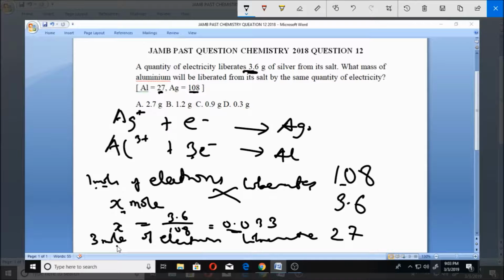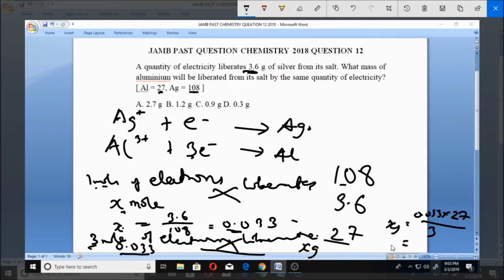The same quantity of electricity, 0.033, will liberate x gram of aluminium. Make x the subject of the formula and cross multiply: x gram is equal to 0.033 times 27 all over 3.